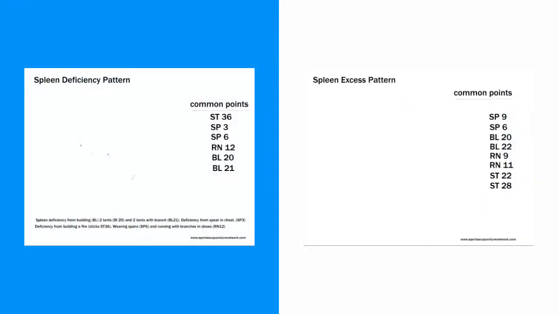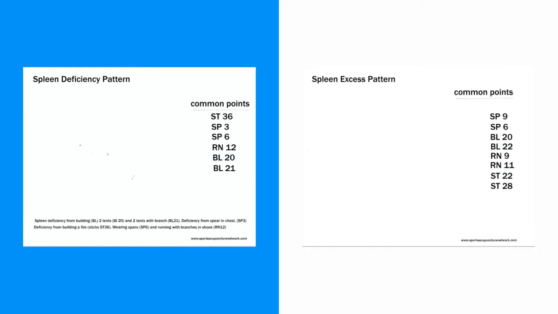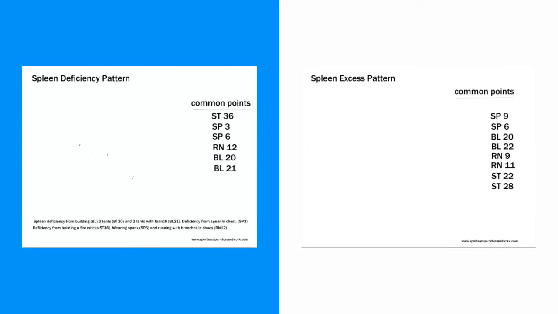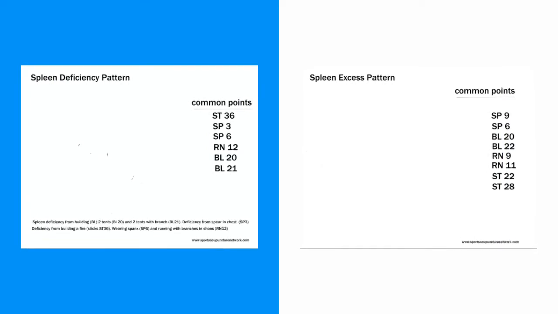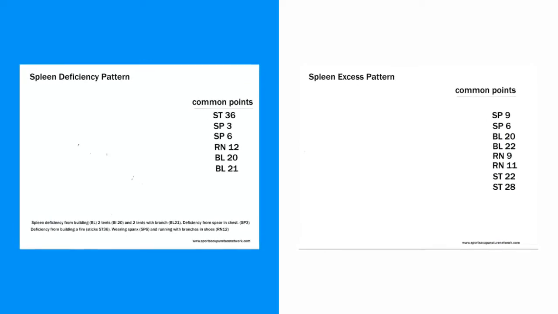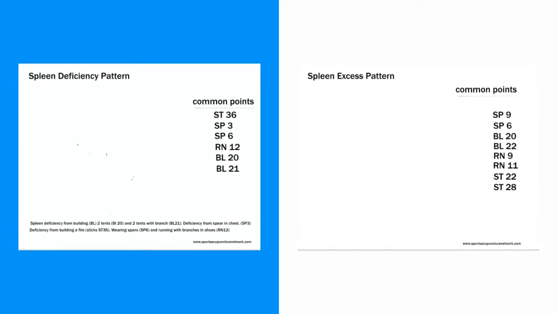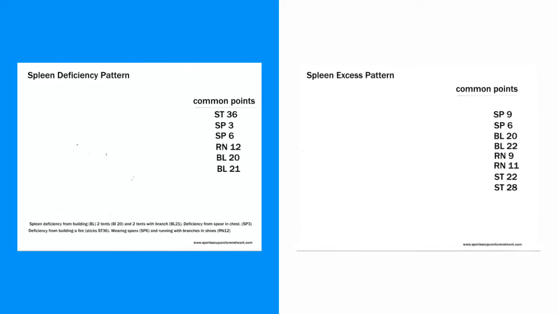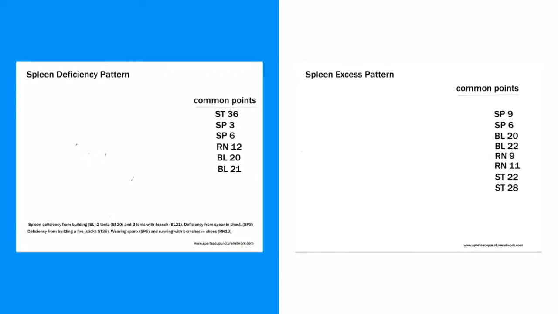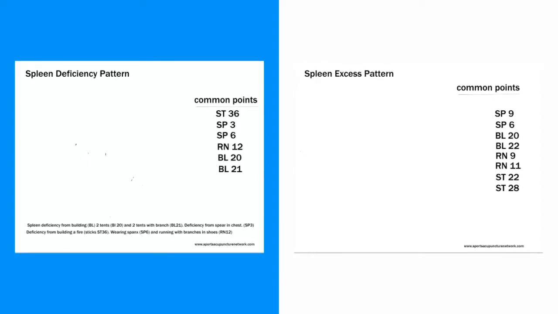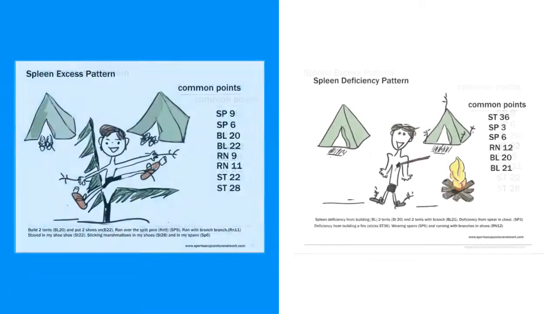So a little harder one, 5, 6 points each. Spleen excess and spleen deficiency. You're like, that's a lot, and you might remember some of them, but how do you remember it? By the picture. So here we have the pictures for spleen excess pattern and spleen deficiency pattern.